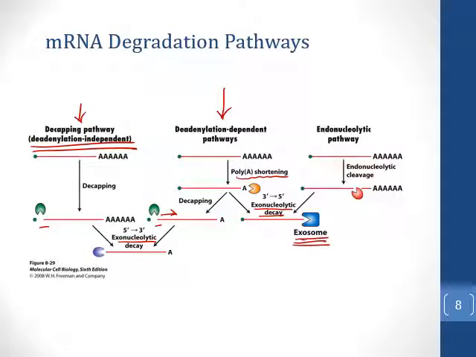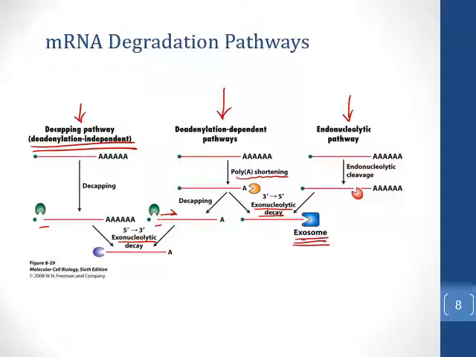Now what about on the other side? This is endonucleolytic. If exonucleolytic decay occurs from the outside or from the ends, that's what we mean by that, then the endonucleolytic pathway occurs whenever some nuclease clips the RNA.